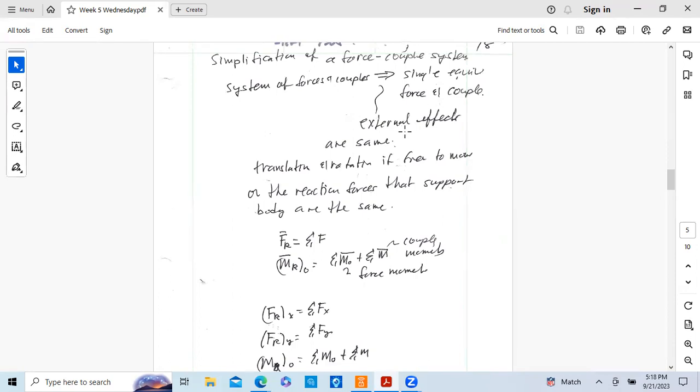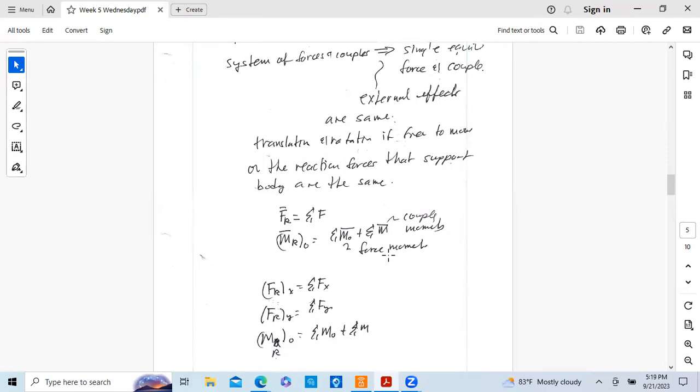And if the external effects are the same of a single force and couple as the original forces and couples, then that means the system has been simplified, and it's going to be acting in the same way whether you have the single force and couple as whether you have the multiple forces and the couple. Okay, so that it's the same body we're looking at. The result's going to be the same.